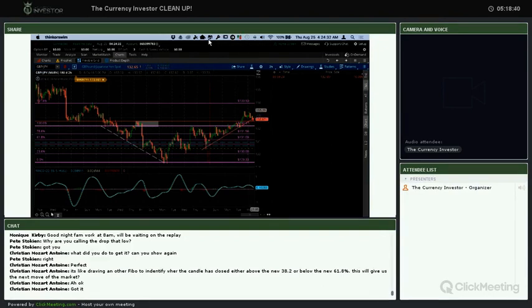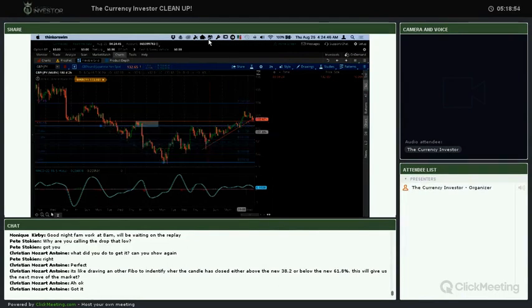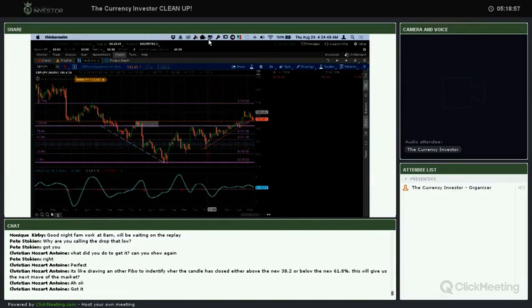Price break, then a double top. Who's still up? Who has questions?